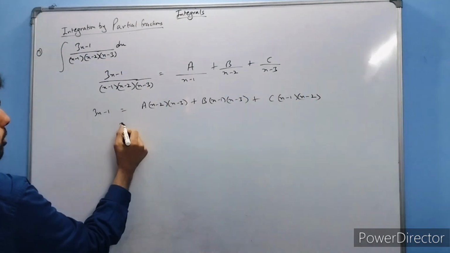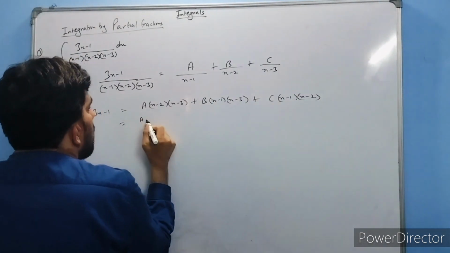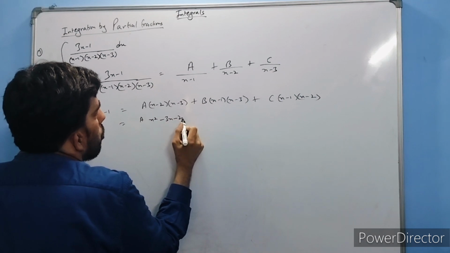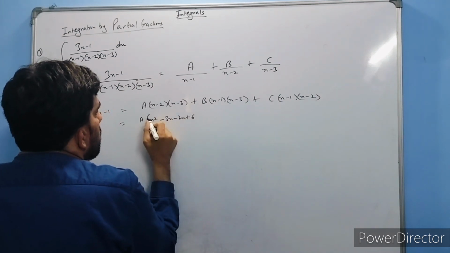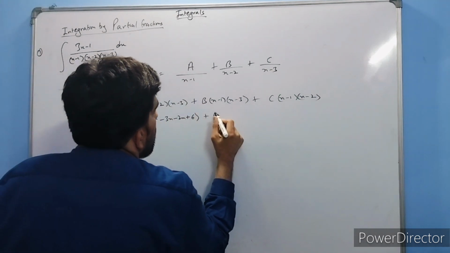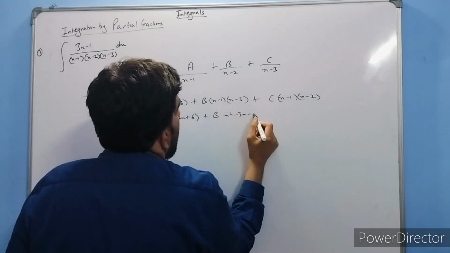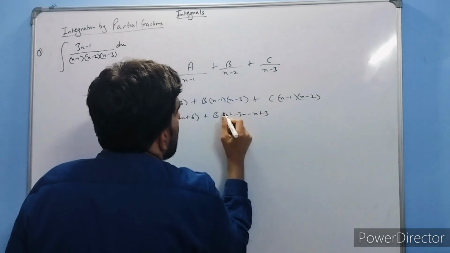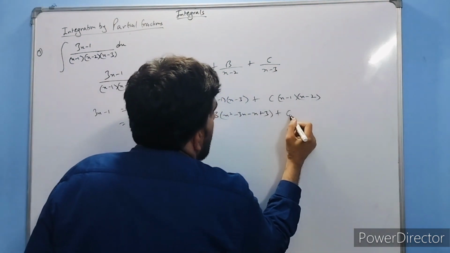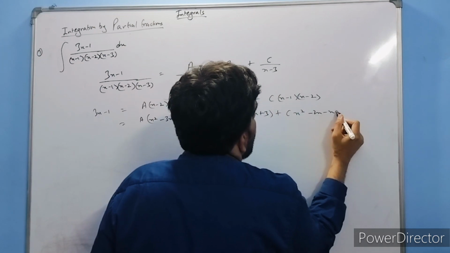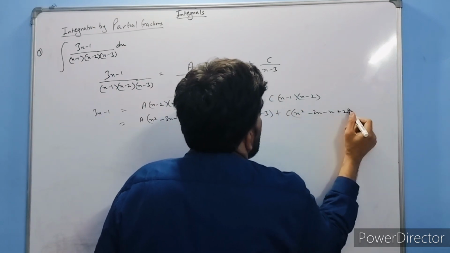Now just multiply it out. a(x square minus 3x minus 2x plus 6) plus b(x square minus 3x minus x plus 3) plus c(x square minus 2x minus x plus 2).